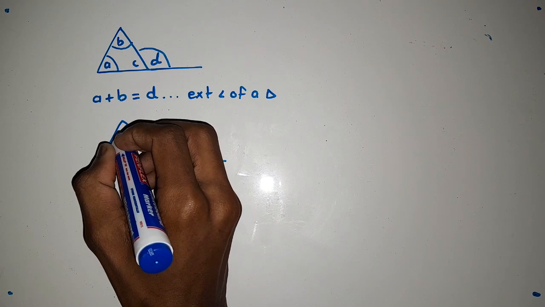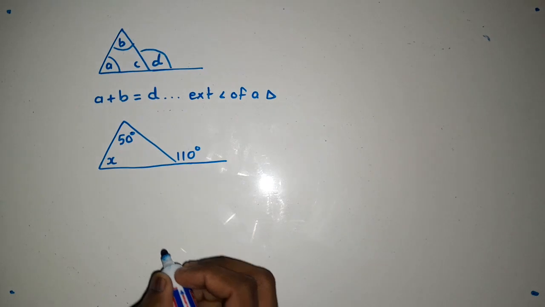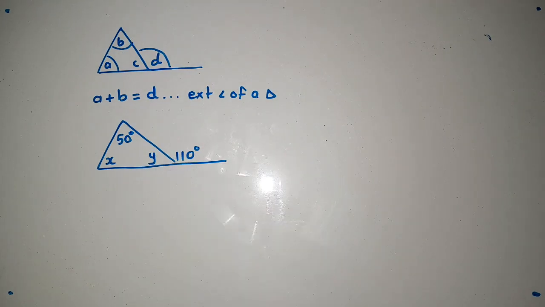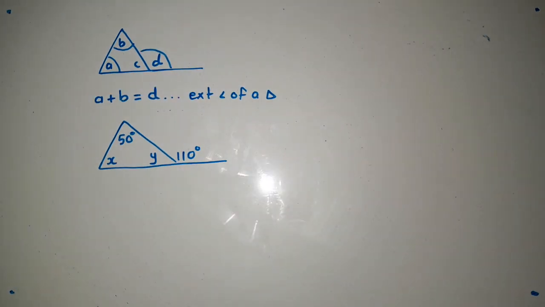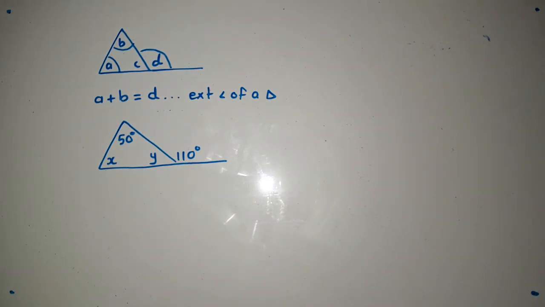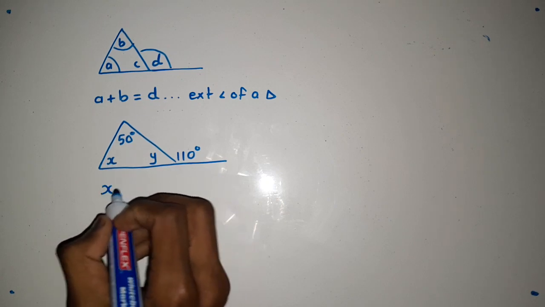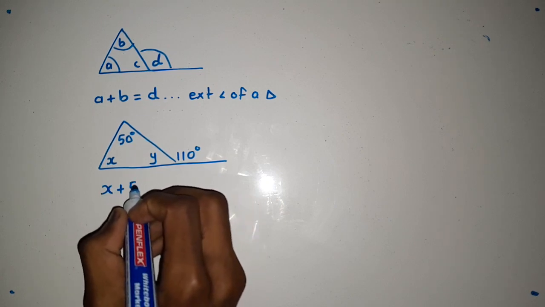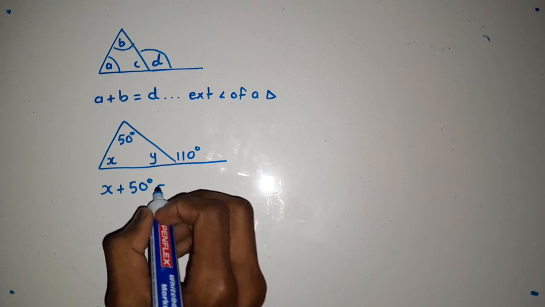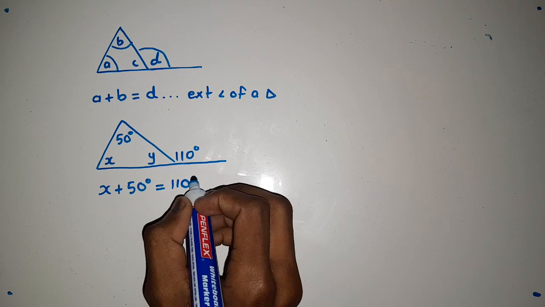Somewhere here, let me write 50 degrees like this. Over here, let me write y. Then I ask you to find the value of x and y. How then are you going to solve this question? It's so simple. For us to get x, we can say x plus 50 degrees, these two equal that number 110.